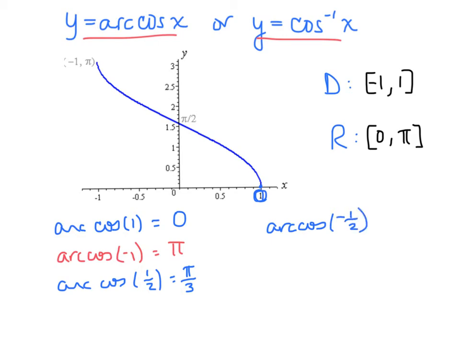Okay, well you can see negative 1/2 here. If we were to come up and follow that along, that's going to be right here, which is in the second quadrant. It's somewhere between pi over 2 and pi. And so we know that arc cos of 1/2 is pi over 3. So if I were to reflect that angle into the second quadrant, I would get 2 pi over 3.